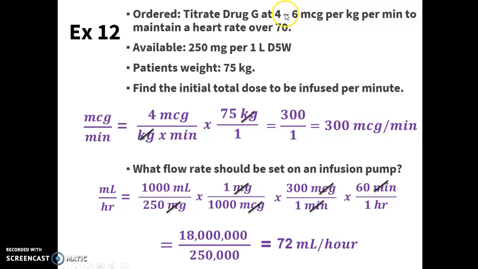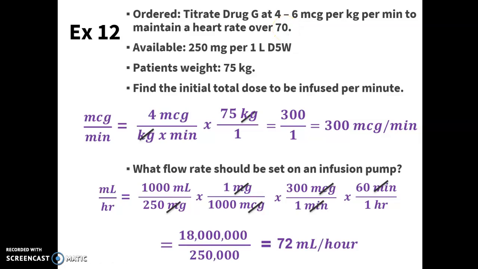Except this time we're working with a 5. So we run it again, 5 times 75. It's not going to give you 300. It's going to give you something a little bit more. And down here for milliliter per hour, a lot of that stays the same, except the 300 is going to change, right? Whatever you had previously up here in Part A will change down here as well. And that'll get you a new milliliter per hour. If that dose doesn't work, if it still doesn't give them a heart rate of over 70, and it's not going to be instantaneous, okay?